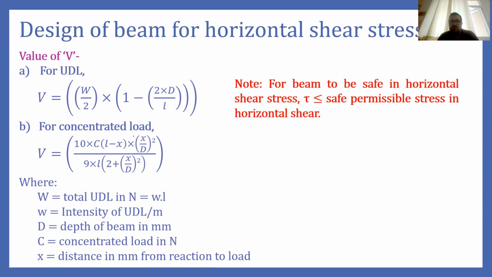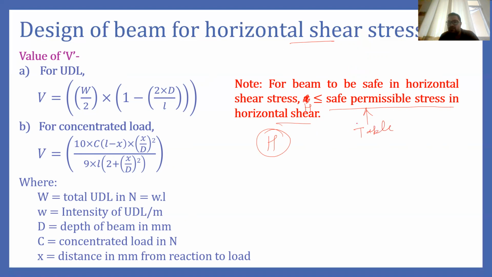Now we want to know what is the condition for our beam to be safe in horizontal shear stress criteria. As per condition, for beam to be safe in horizontal shear stress, H should be less than or equal to safe permissible stress in horizontal shear. So H will be calculated by the shear formula, and this safe permissible stress will be found from the table.